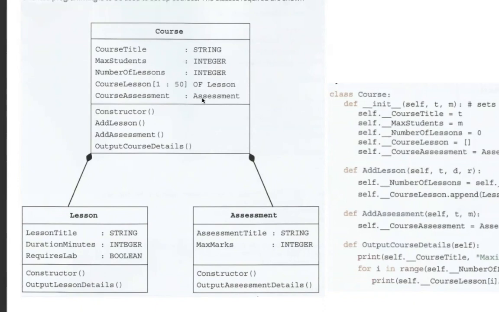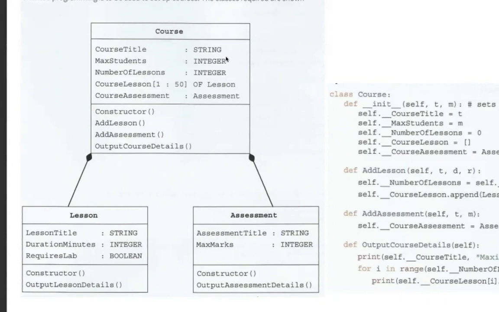Now, this is non-inheritance. This lesson and assessment are totally separate classes. They're not linked in any way with course. No attributes are shared. No subroutines are shared. None of that. But I am using these objects here as a data type in this class definition.